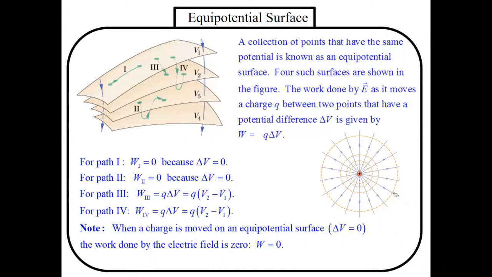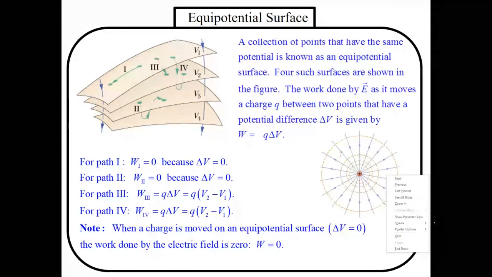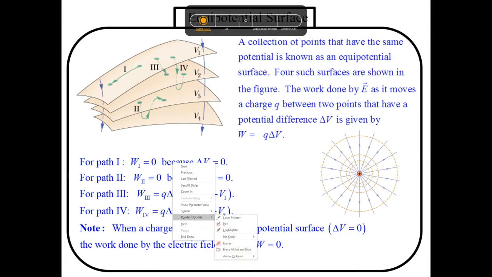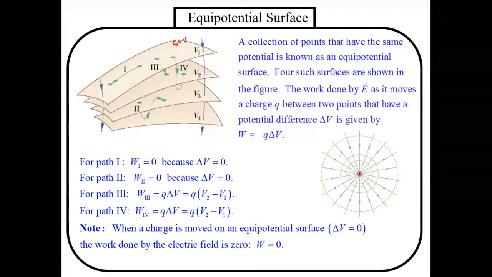My question: I am going to move one charge. I have 4 equipotential surfaces in this picture, 1, 2, 3, 4. The potential on this layer is 50 volt, here 40 volt, here 30, here 20.